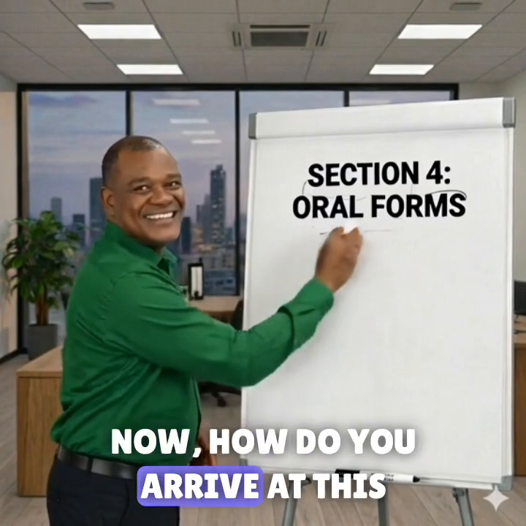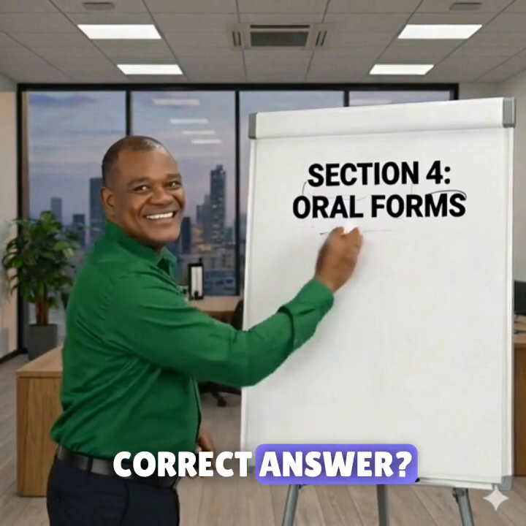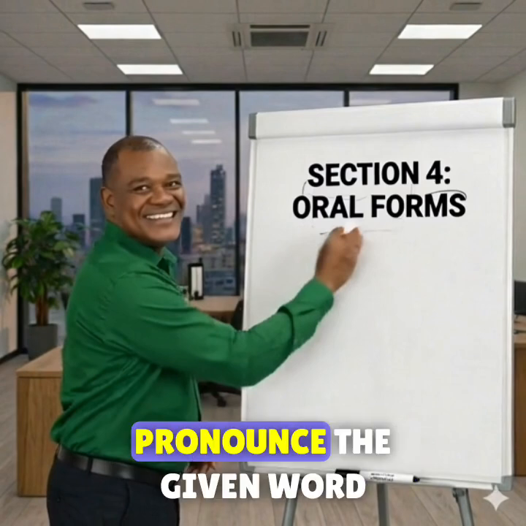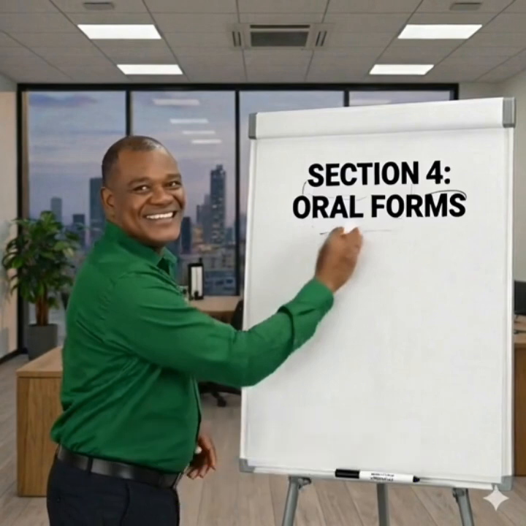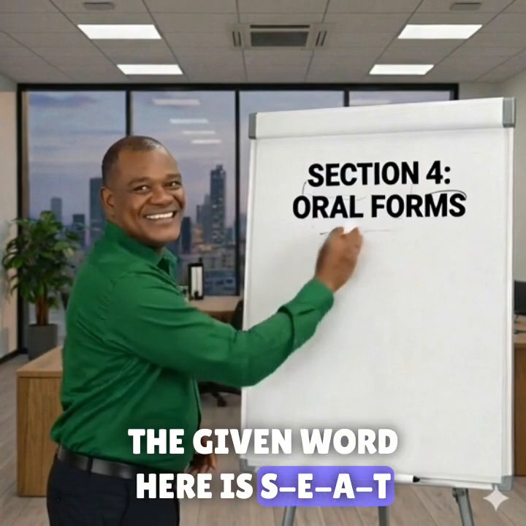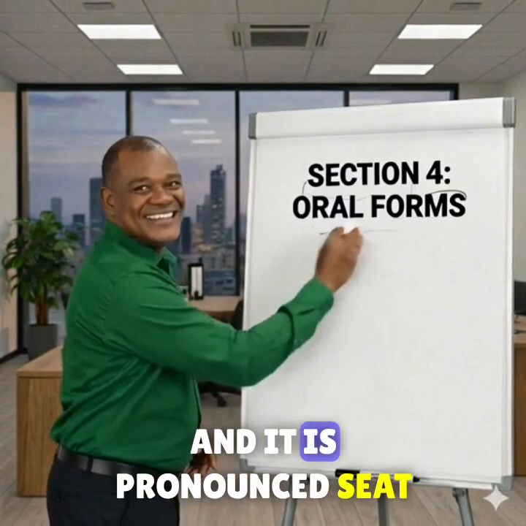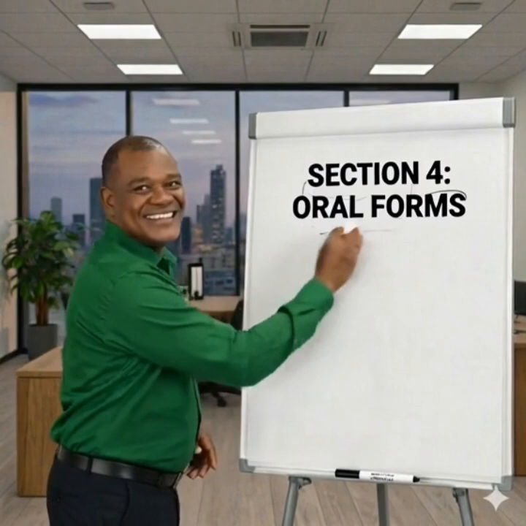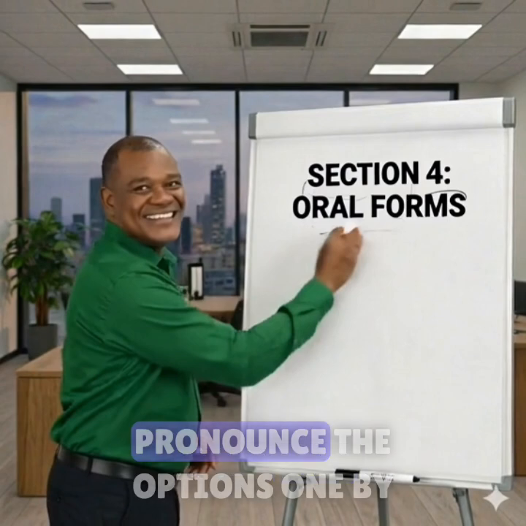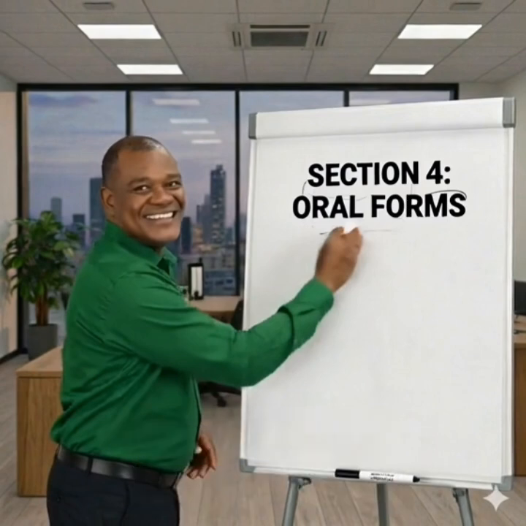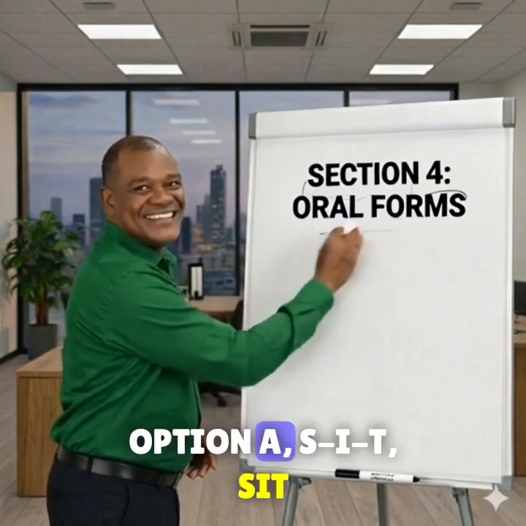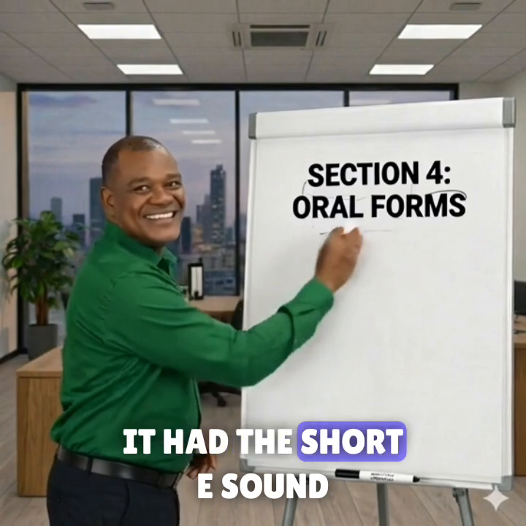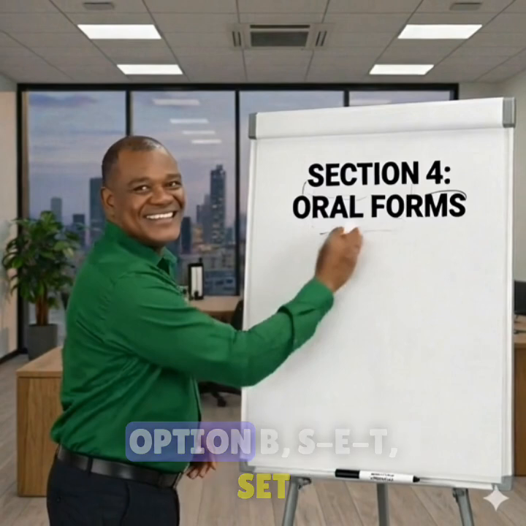Now, how do you arrive at this correct answer? First of all, pronounce the given word. The given word here is S-E-A-T and it is pronounced seat. After that, pronounce the options one by one. Option A, S-I-T, sit. It has the short I sound. Option B, S-E-T, set.